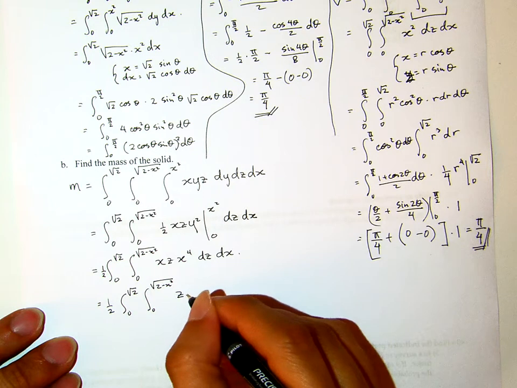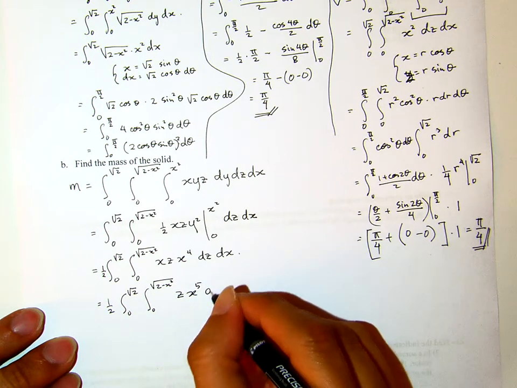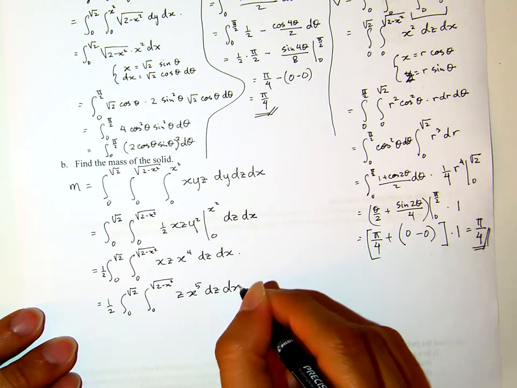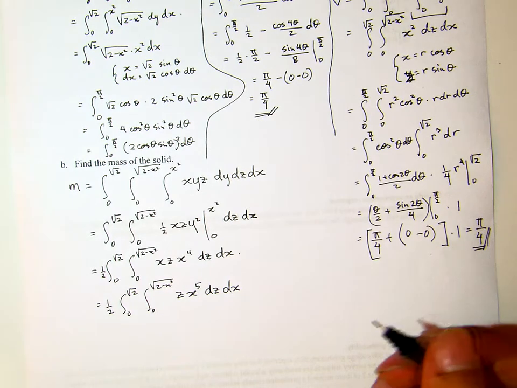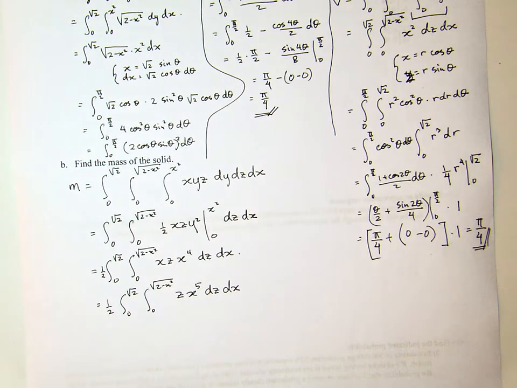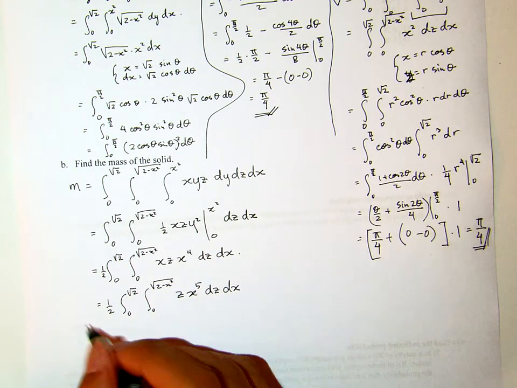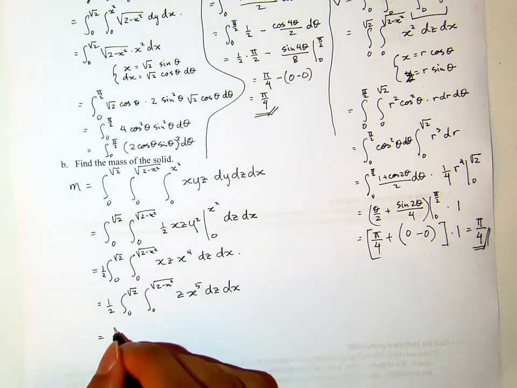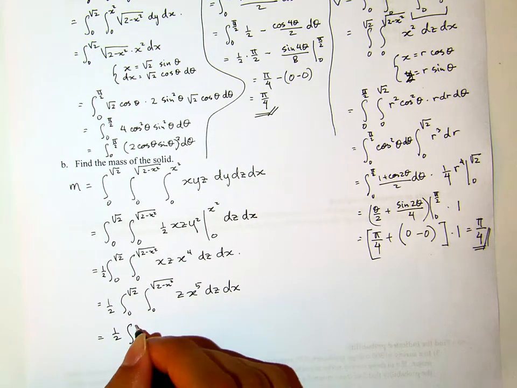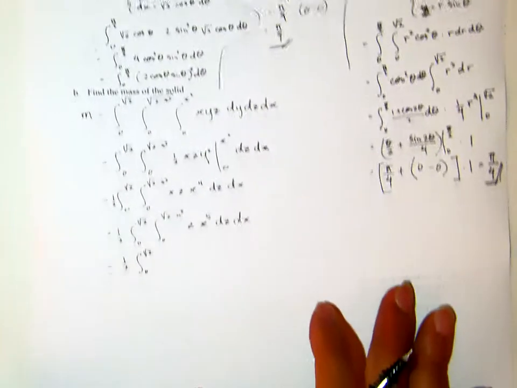This is z x to the 5th dz dx. Right? Now, it seems like it's not really that hard for us to integrate with respect to z. So it seems like I don't need to really change it to polar, huh?